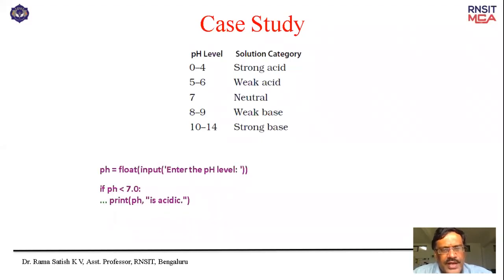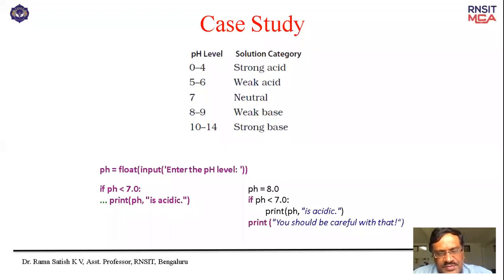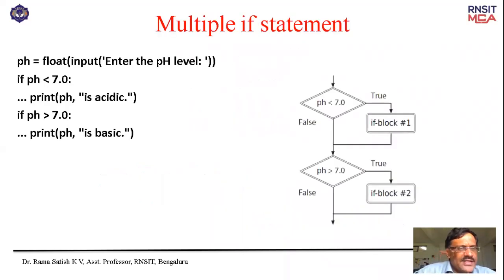First, you will input a pH level. If the pH level is less than 7.0, it is an acid. If it is greater than 7.0, you can write that it is basic.